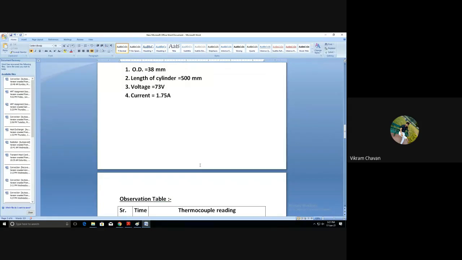Yasir, if you are in B division, I asked Shashikant sir to share experiment number 2 with you in the WhatsApp group. For A division, I have already shared both the experiments and the write-up part.